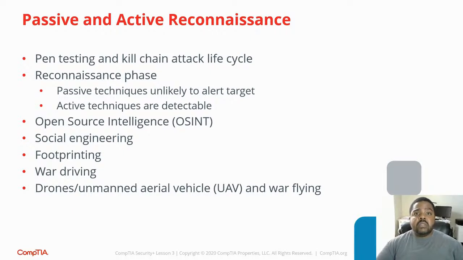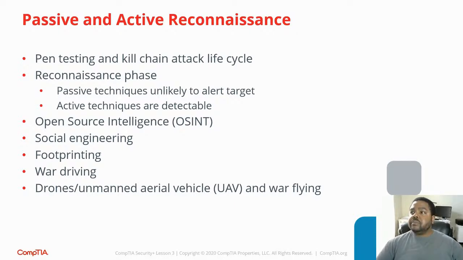So it's not just having your firewall in place. It's not just having your networks sectored off in VLANs. It's not just having antivirus on your PC. It's having all of these things in different places, because you never know where somebody is going to say, hey, I'm going to start my intrusion here.